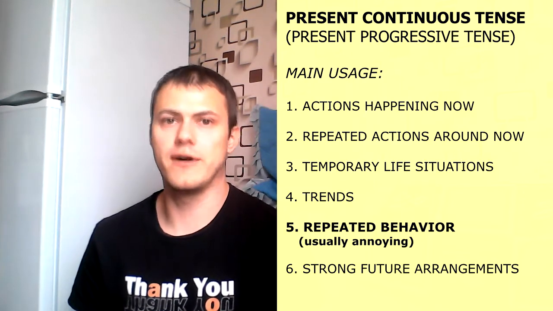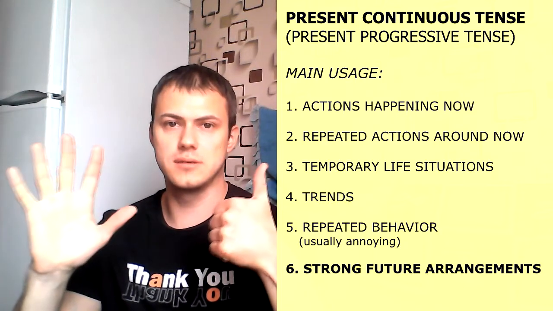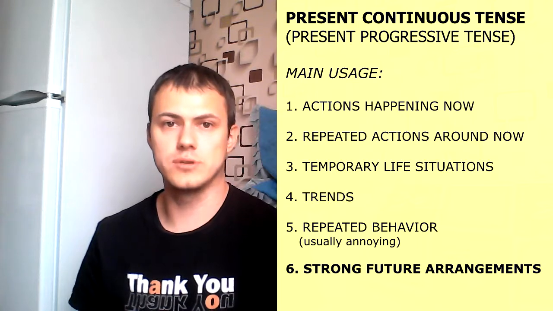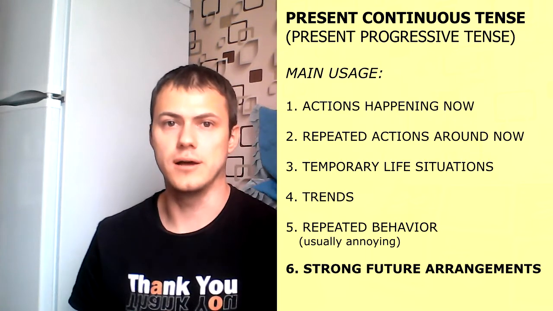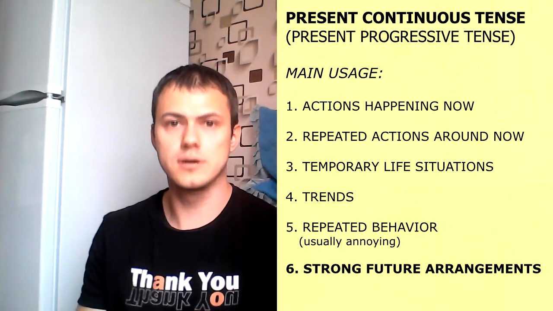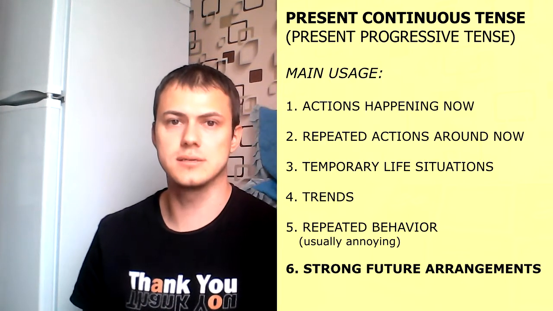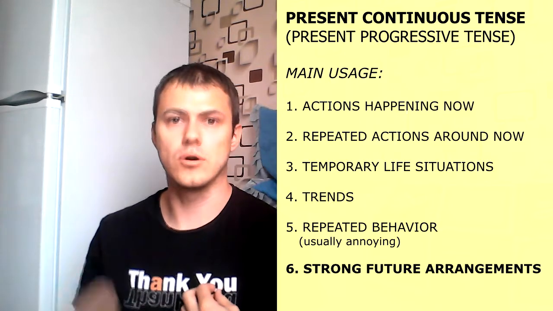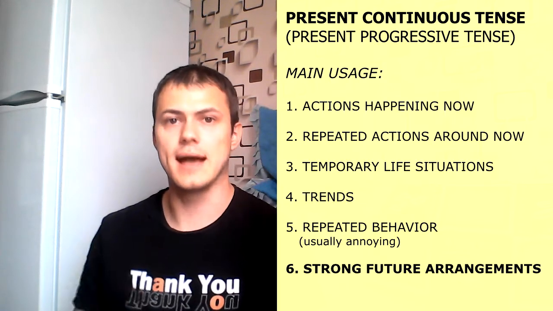And finally, sixth. The sixth usage of the present continuous tense is when we talk about the future, and usually when we talk about strong plans and ideas in the future. For example, I'm going to Canada next year.